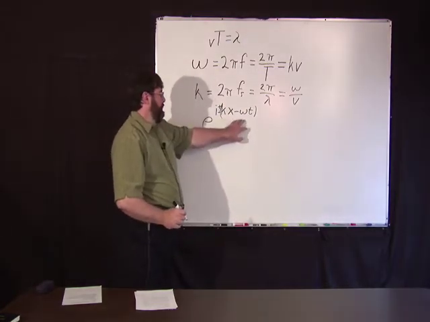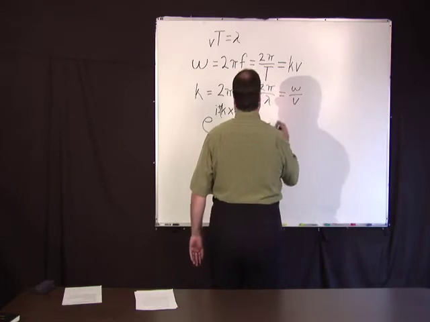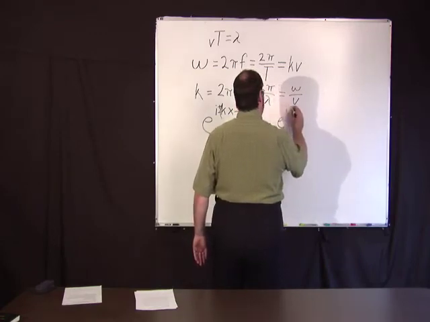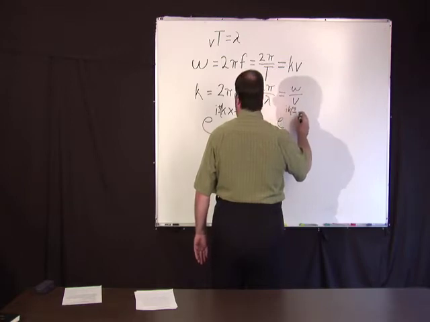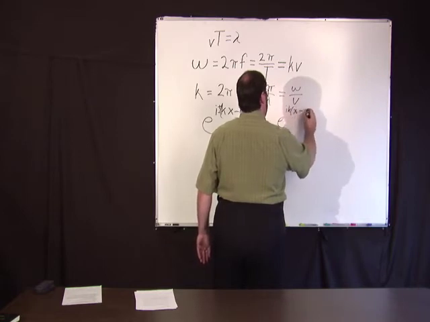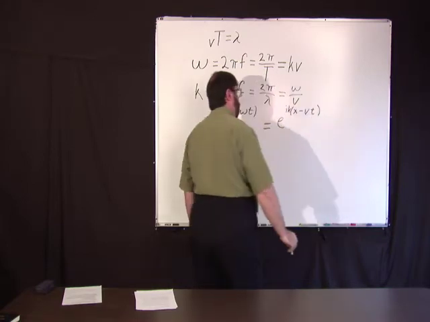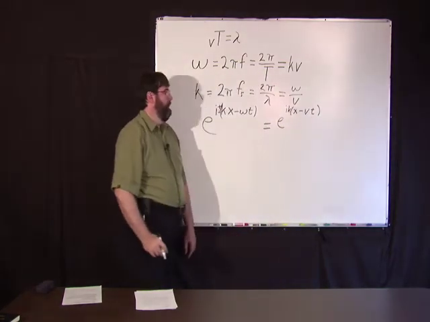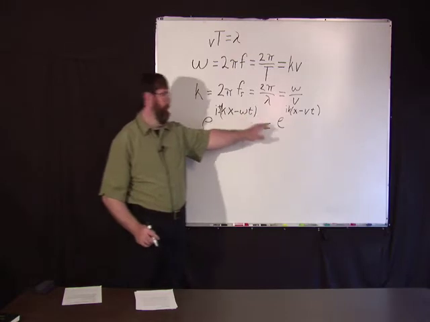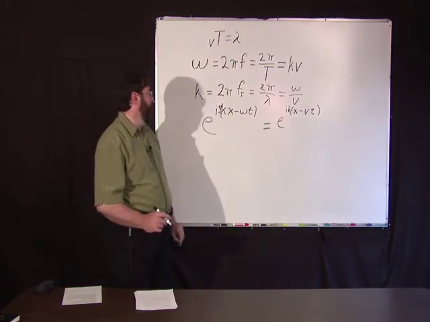From that, you can rearrange this, and this is also equal to e to the i k times x minus vt, or plus. So this does look like a wave traveling forward or backwards.